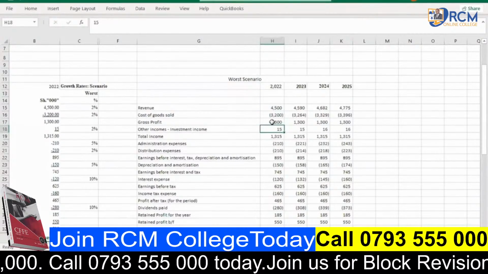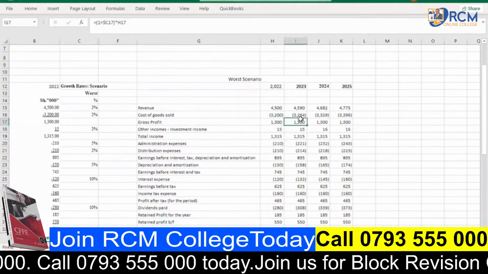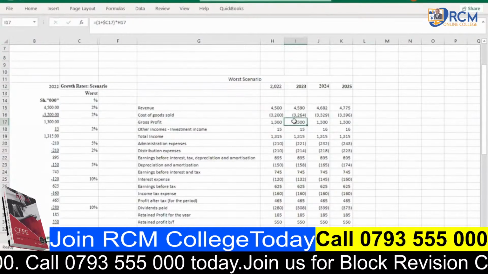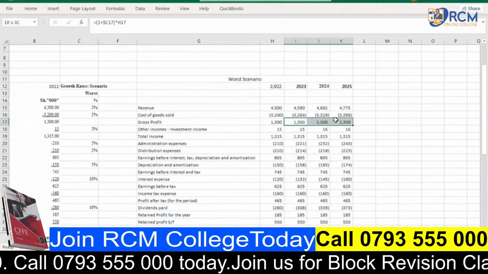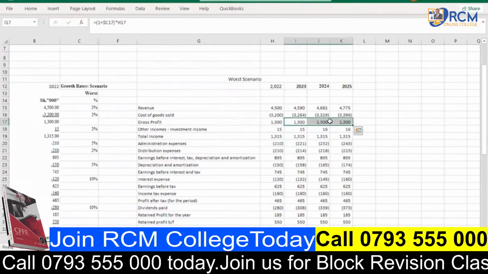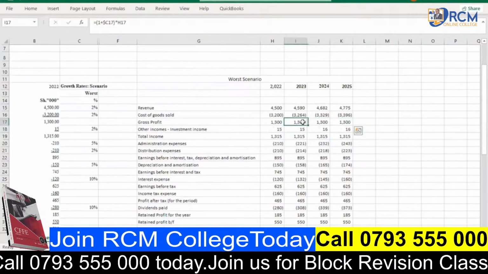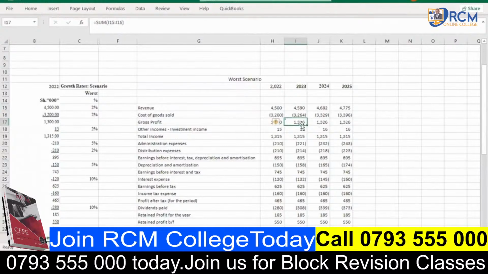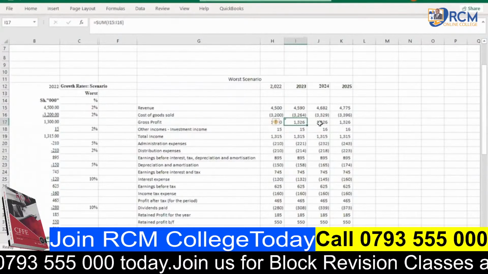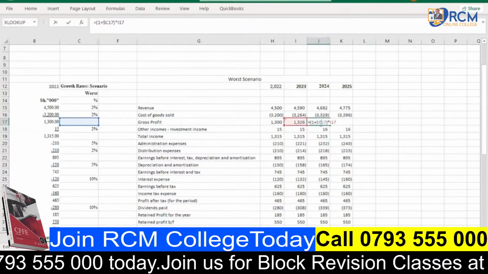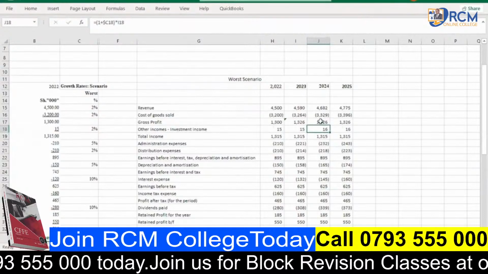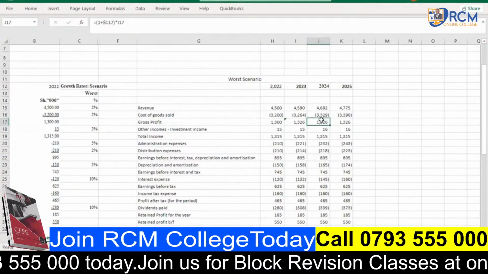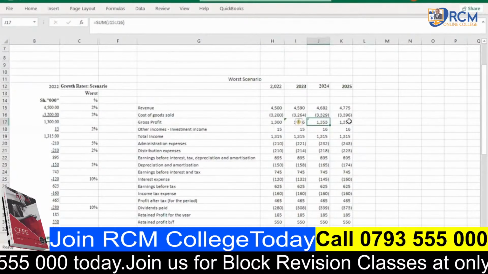Of course, it will give us 1300, but now this other one should be different. So just highlight this other side, then you say Control R to get that. Control R will be copying the formula from this other side.